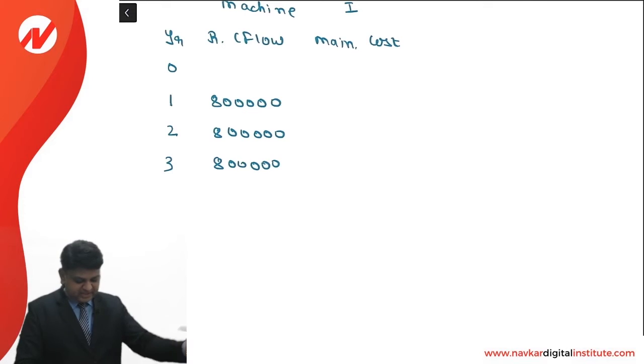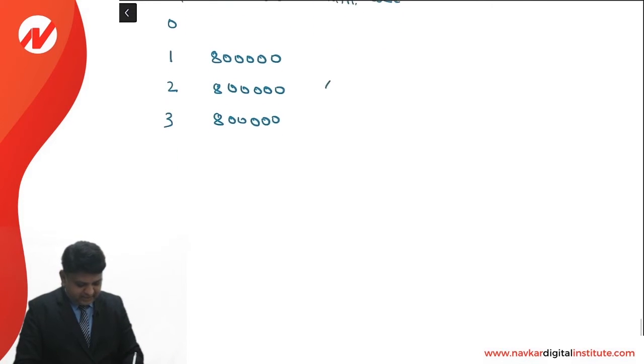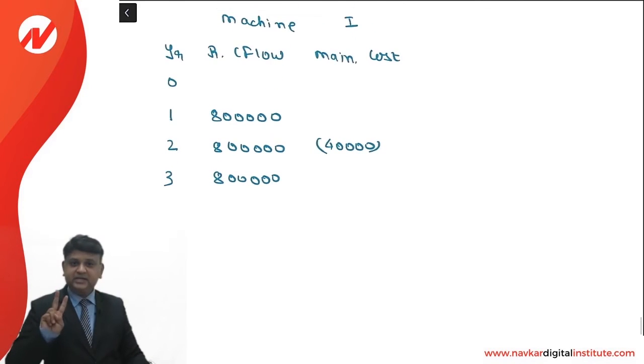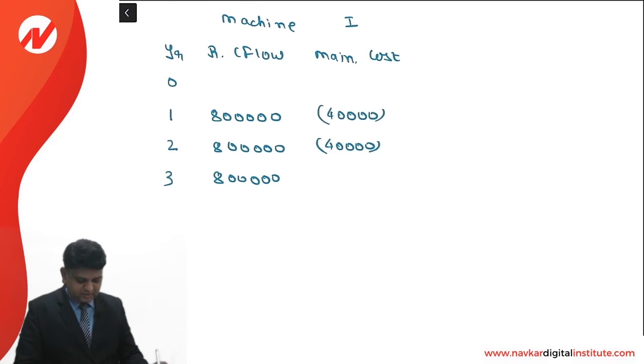So it will be considered as 40,000 rupees cash outflow at the end of second year. Second year beginning means first year end. That is an amount of 40,000. First year beginning means year 0. That is again 40,000. That is the way the effect of the maintenance cost will be given.